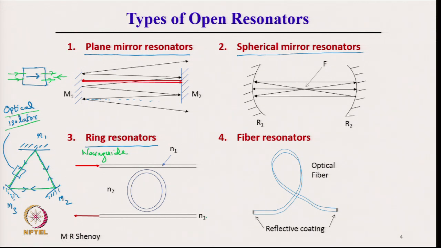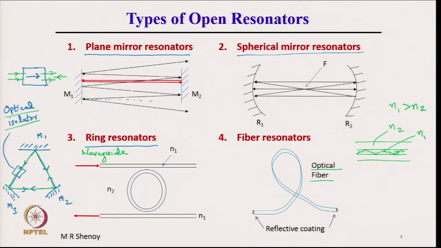A waveguide comprises, let me show here, an optical fiber, which is also a waveguide. A waveguide is a structure which has a high index region which is surrounded by low index regions. So, this is N2, this is N1, and if N1 is greater than N2, then light can get trapped inside and propagate by total internal reflection.